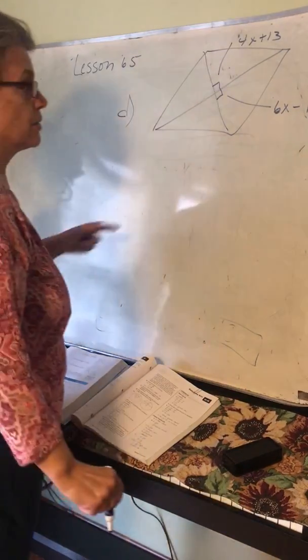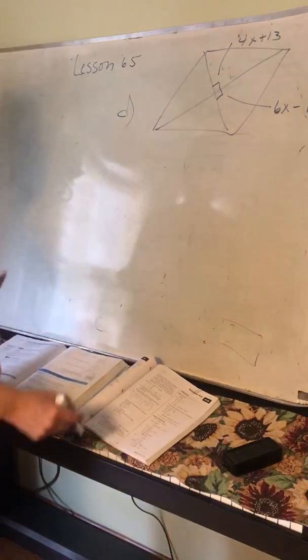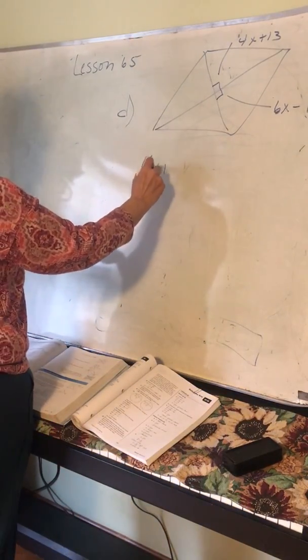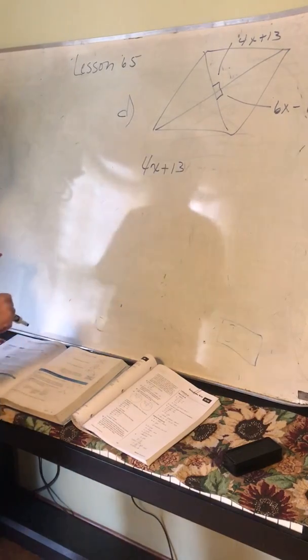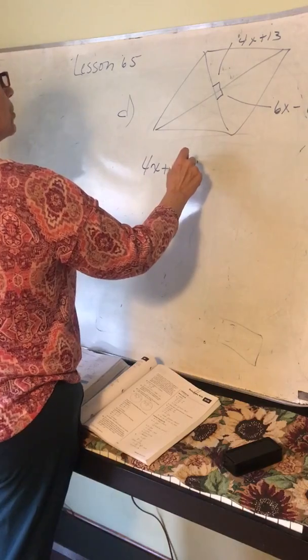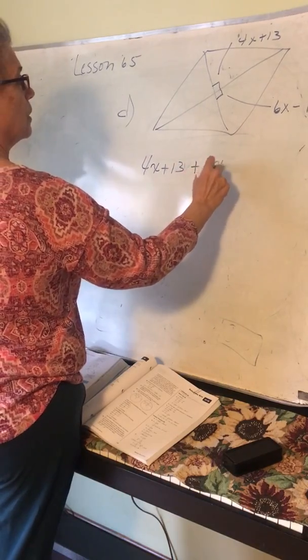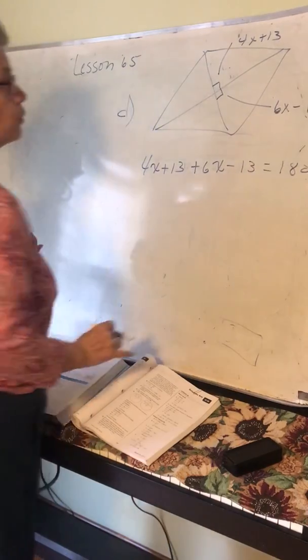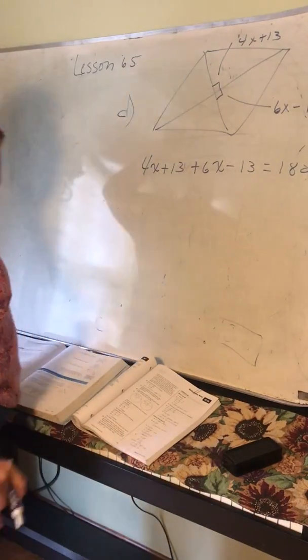If you get the right answer, that's fine, because there are different ways to do it. So if we set this up, these should be equal, or they should add to 180. So let's just add them together and see if they equal 180. But not only do they have to equal 180, they each have to equal 90.